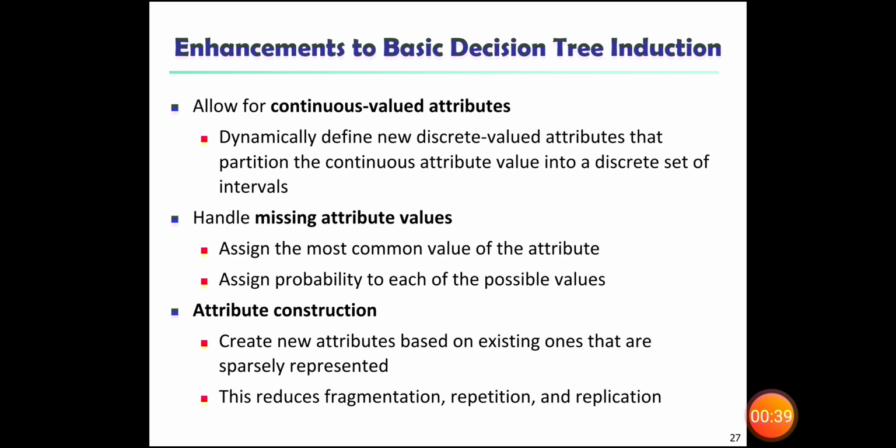In the first case, continuous valued attributes. When we process a large data set, we have continuous valued attributes. The decision tree induction algorithm dynamically defines new discrete valued attributes that partition the continuous valued attribute values into a discrete set of intervals.